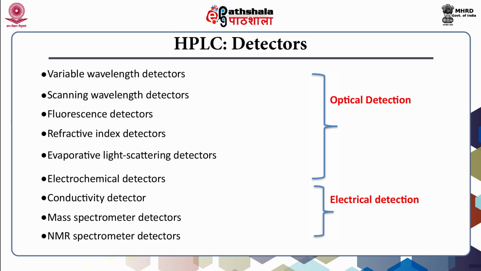These last 2 detectors, the mass spectrophotometer detector and NMR spectrophotometer detector, are generally present in those instruments where there is a combination of HPLC and mass spectrophotometry and a combination of HPLC and NMR spectrophotometry.